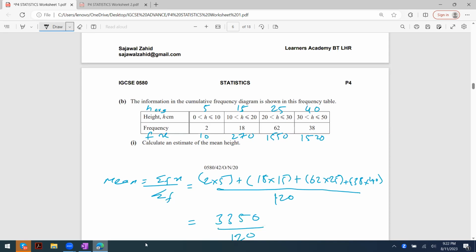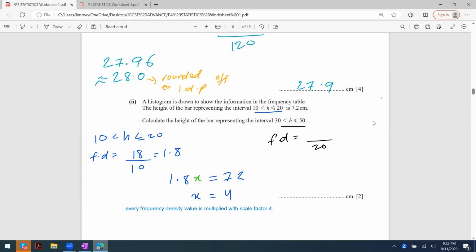So 38 over 20 is 1.9. Just multiply 1.9 with 4, you will get the height, 7.6 centimeters. Is it clear, everyone? No problem. Yes.